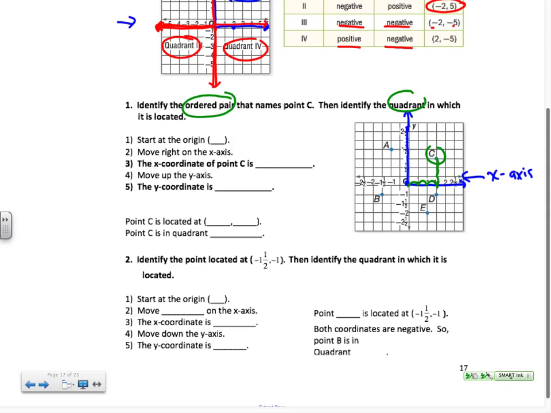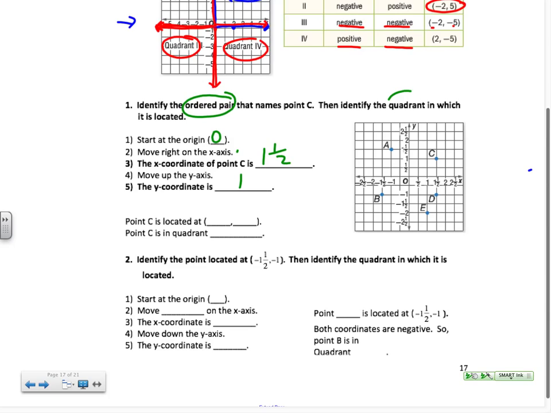So I started at the origin, 0. I moved to the right on the x-axis, and the coordinate for point C was 1.5. And then I moved up the y-axis, and that coordinate was 1.